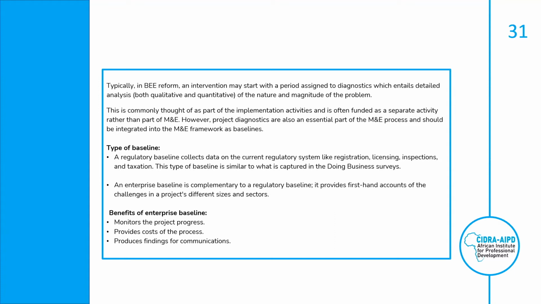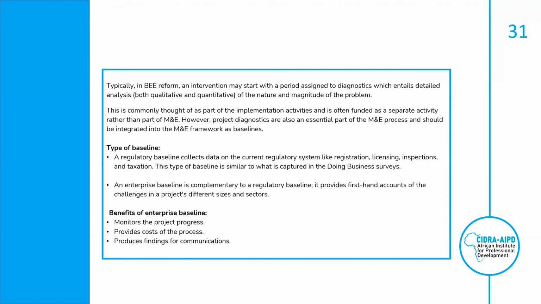This is commonly thought of as part of the implementation activities and is often funded as a separate activity rather than part of the M&E. However, project diagnostics are also an essential part of the M&E process and should be integrated into the M&E framework as baselines.